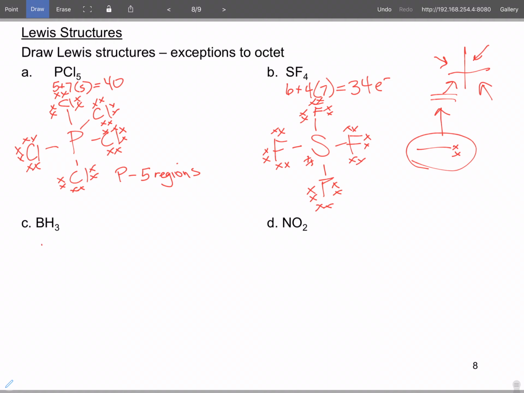So here we have BH3, boron is 3 plus 3 times 1, which is 6. So we have B, H, H, and H. So look, we have 6. We're done. And you're like, boron's not happy. Yeah, it's okay with 6, so it is happy. Resist the urge, because here's an aside.